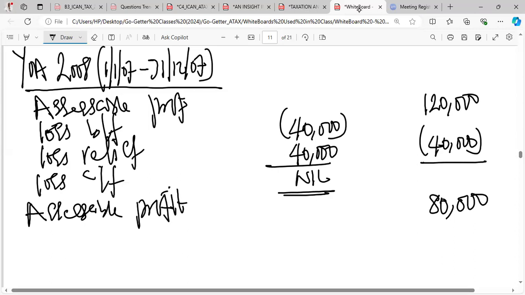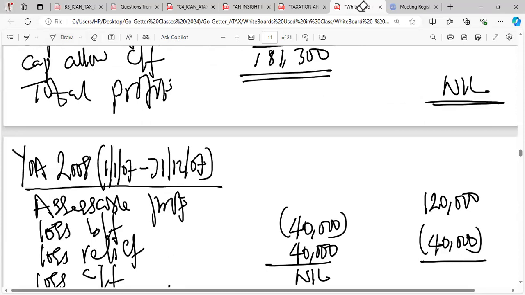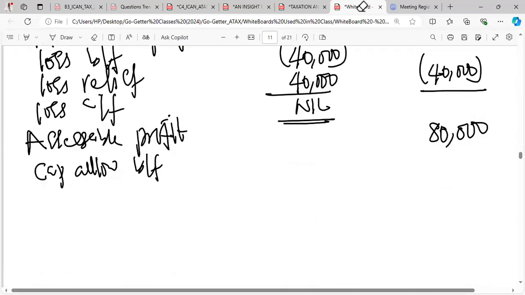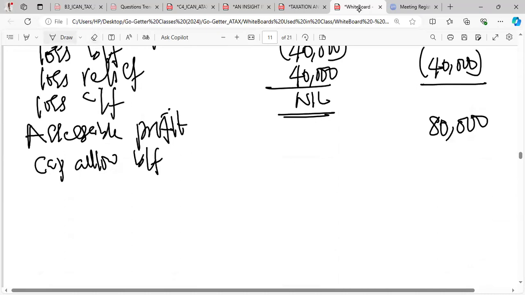Then we'll come to capital allowance brought forward. We have 181,300.